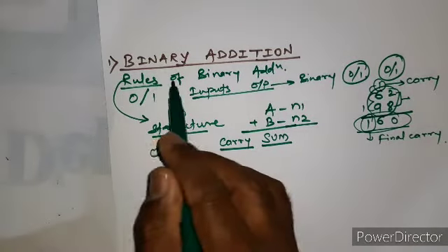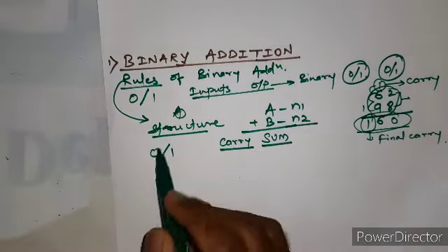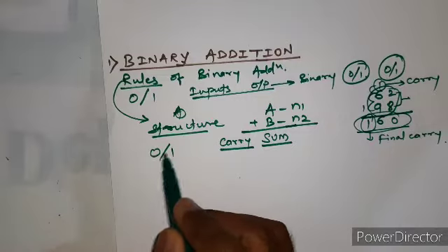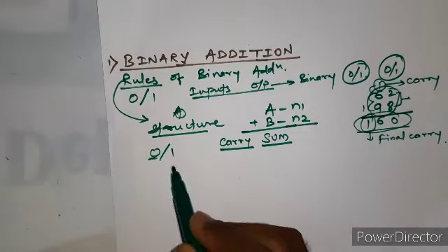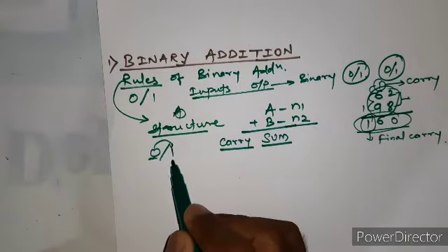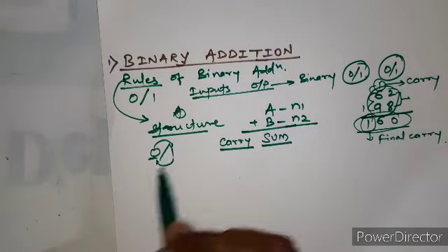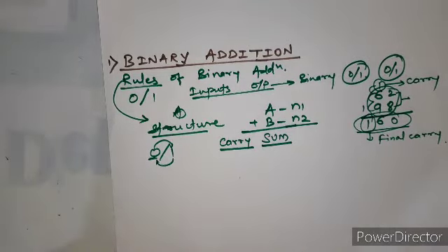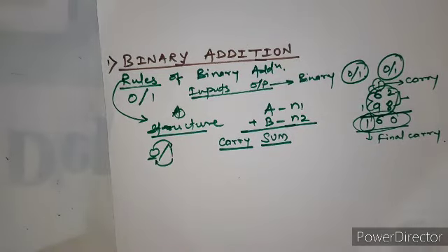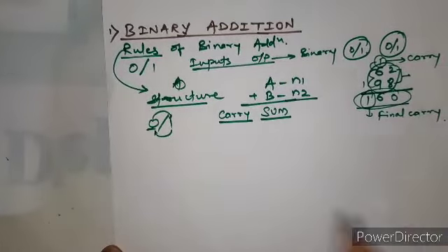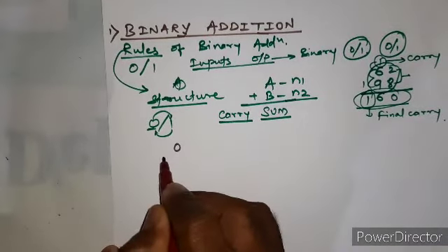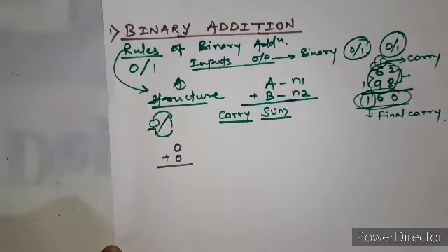Okay, now let us go for these rules for the binary. So we'll try to have this combination, the 0 with 0 itself, 0 with 1, then 1 with 0 and 1 with 1 itself. Okay, so let us see one by one these 4 or 5 rules that are required. Okay, so 0 plus 0.